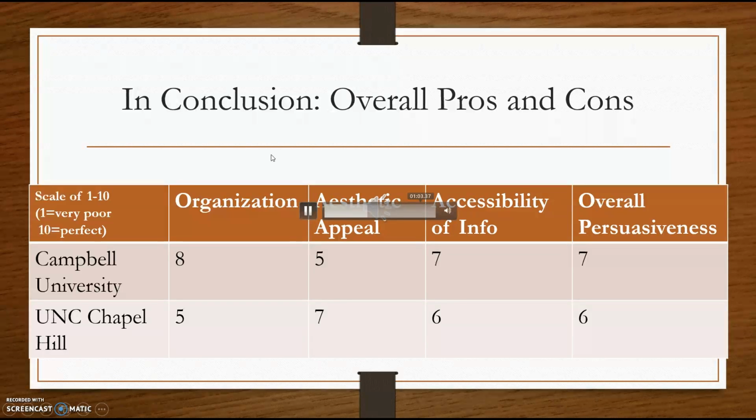The text was laid out in a more clear manner, whereas Chapel Hill's was a little bit more jumbled and disorganized, maybe more difficult to read. For aesthetic appeal, Chapel Hill's was superior. They had a good use of color and visuals that made it far more appealing than Campbell's webpage.